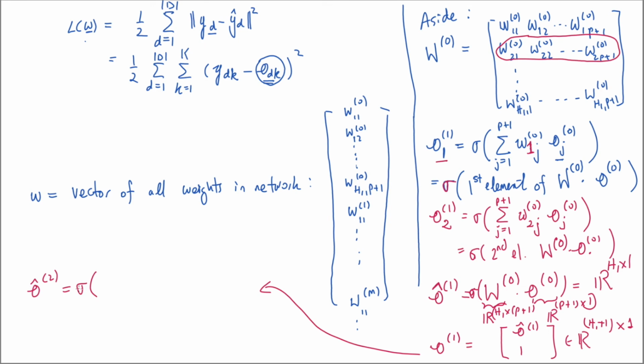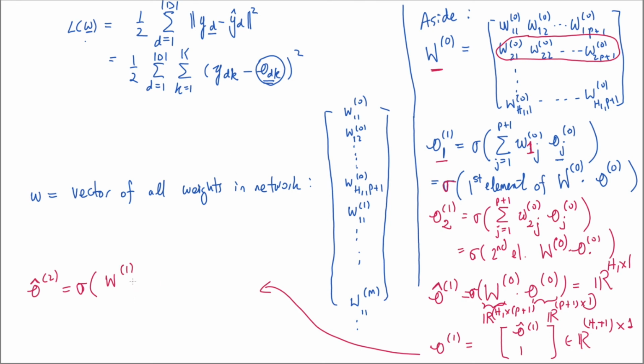Anyway, so the output hat of the second layer is again similarly going to be W1, and this matrix is going to be the same as W0, except that we're going to replace all the superscripts by 1, because they are now the weights in the layer between the two hidden layers.